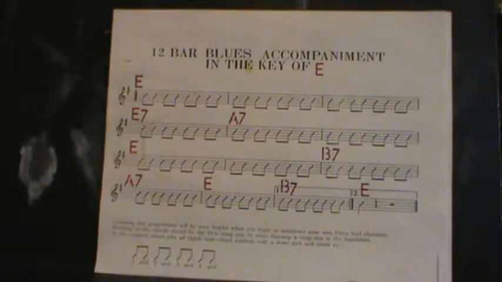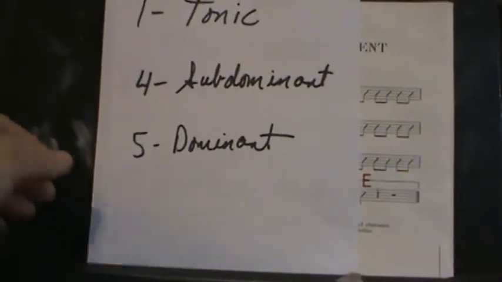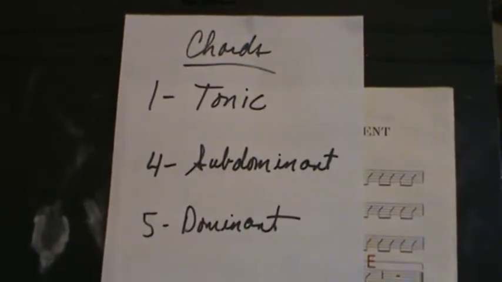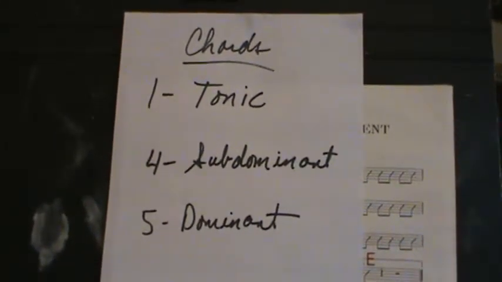Of course, the 12-bar blues progression in the key of E uses the chords E, A, B, those three. In the musical scales scheme, those three chords are derived from the tonic, number 1, the subdominant, number 4, and the dominant, number 5.